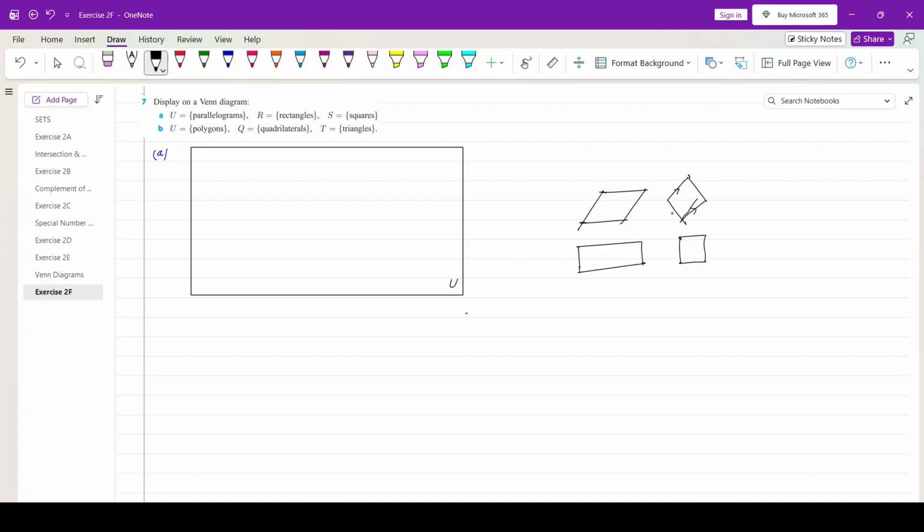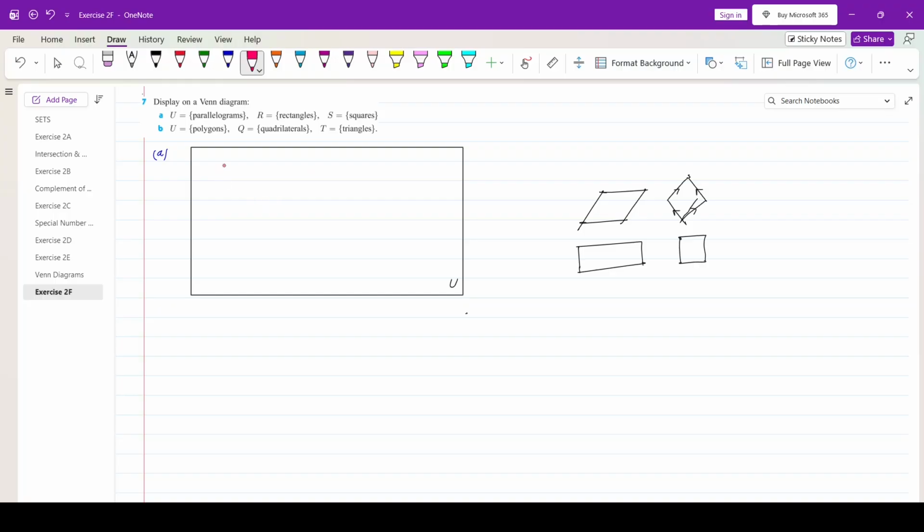Its opposite sides are parallel, therefore a rhombus is also a parallelogram. Now the question says rectangles and squares. We know all squares are rectangles.